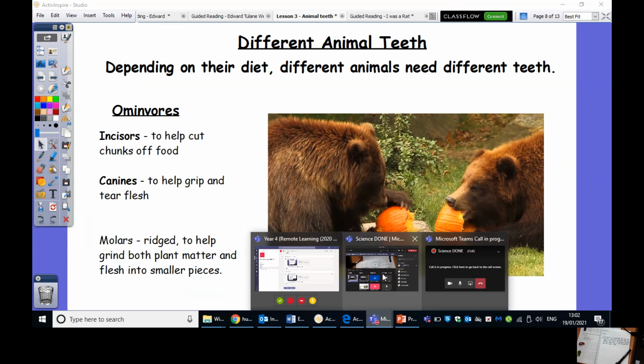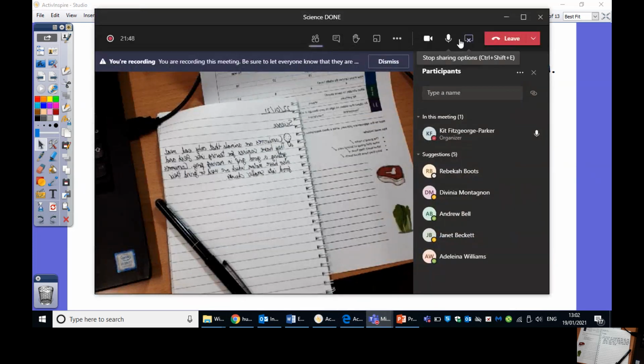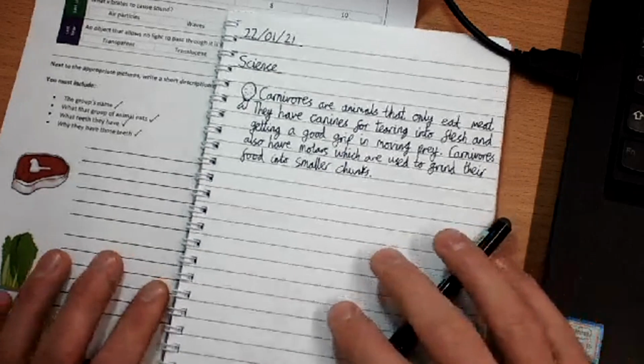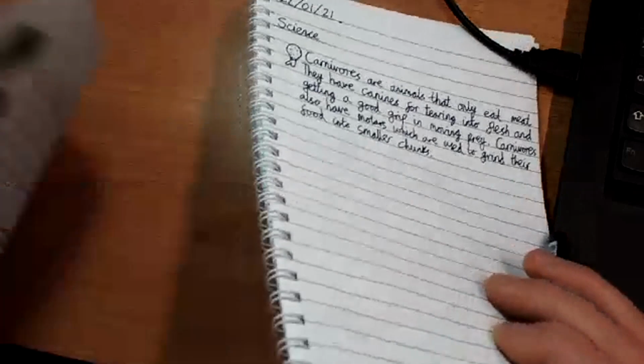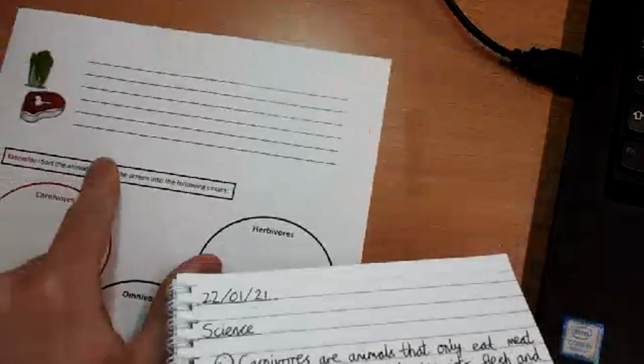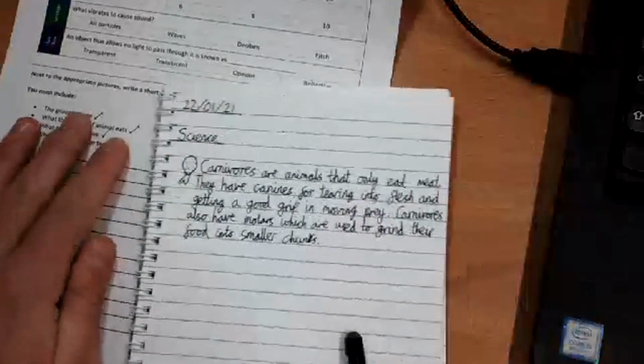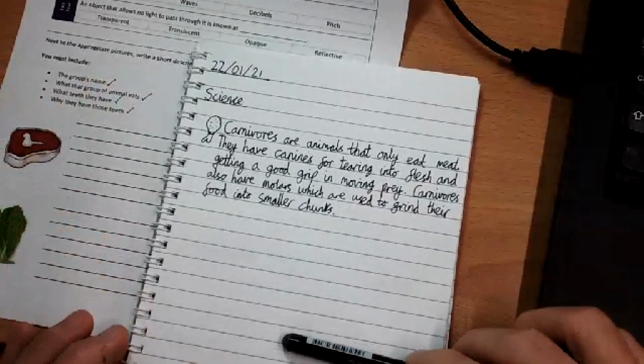So once again, hopefully you can see my screen there. What I'd like you to do, if you've got the sheet, you're going to complete the omnivores section on the back. If, like me, just do it underneath your herbivore section.